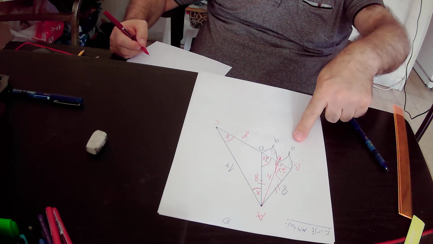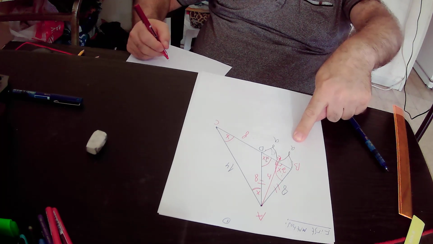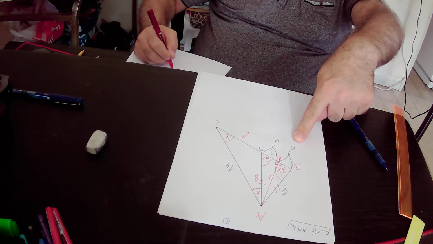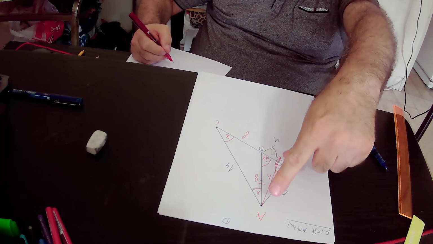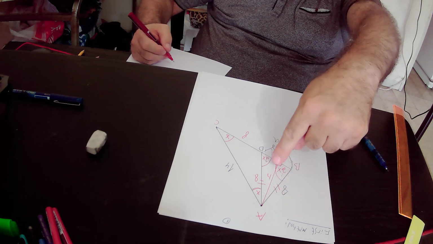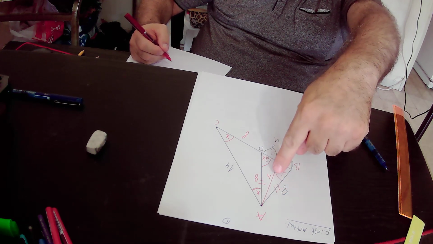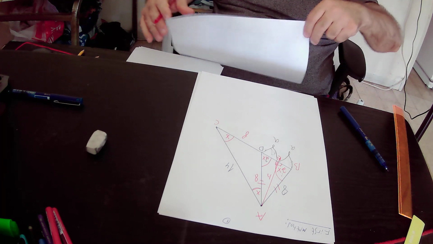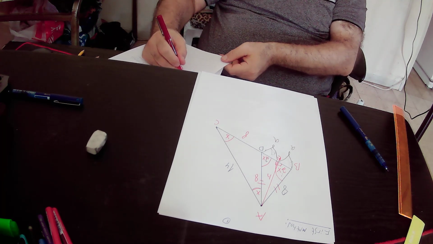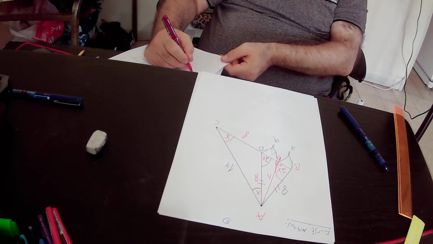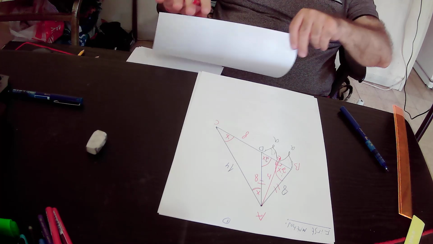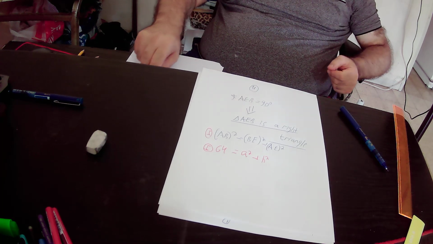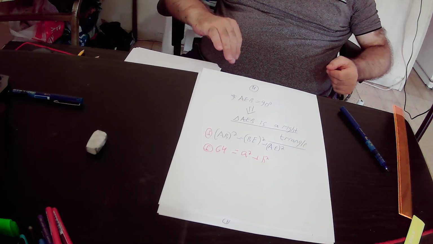BE equals A according to our definition, so BE square is A square plus AE square. AE is defined as H, so it is H square. So in total, we got equation number 1 that states 64 equals A square plus H square.